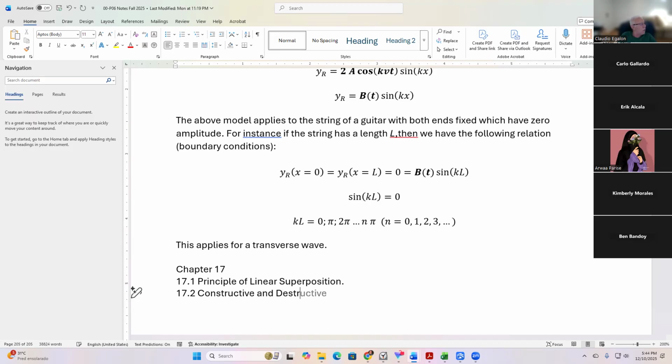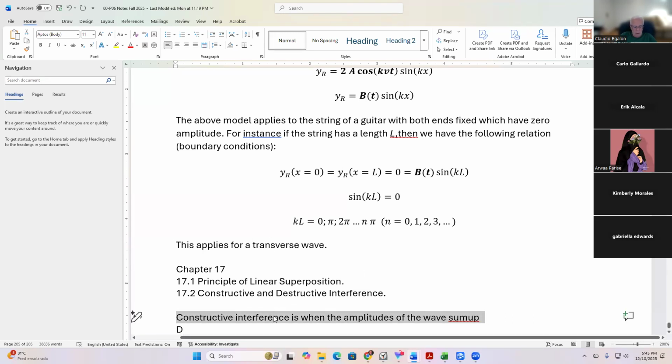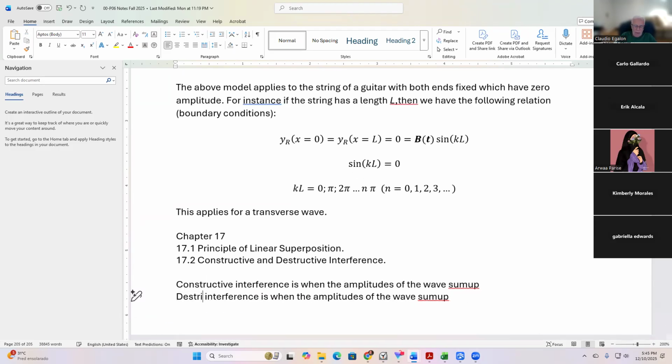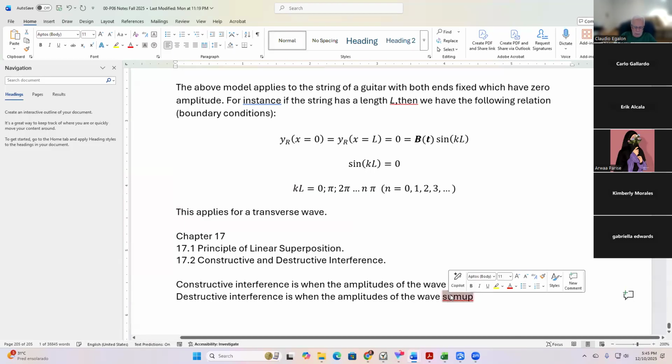Constructive interference is when the amplitudes of the waves sum up. Destructive interference is when the amplitudes of the waves subtract from each other.